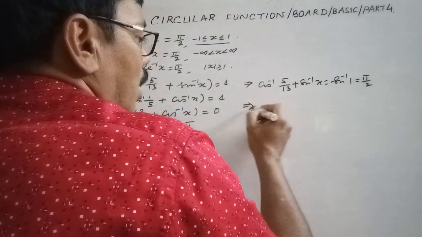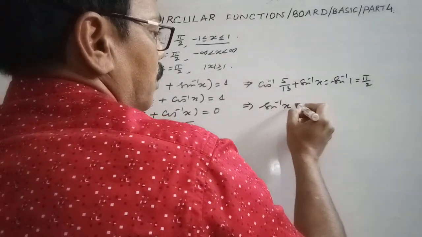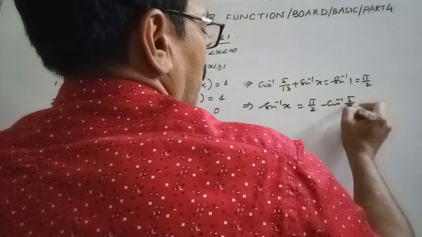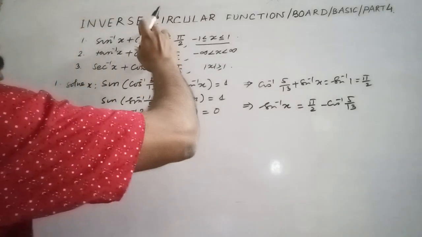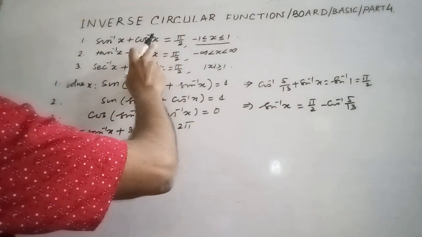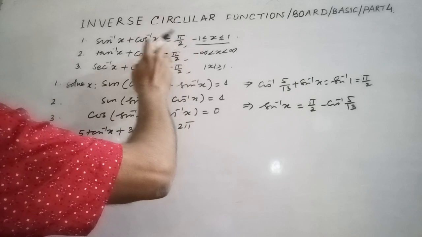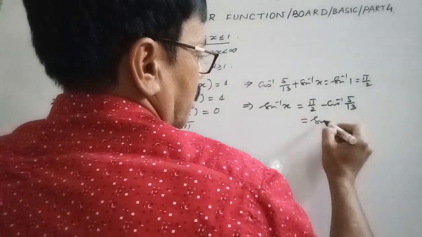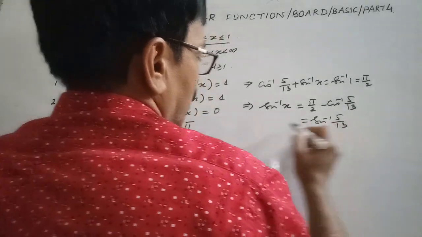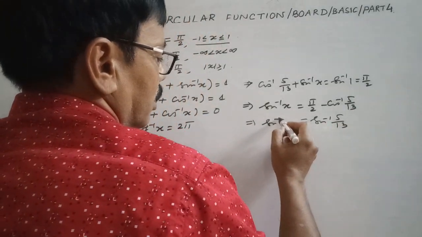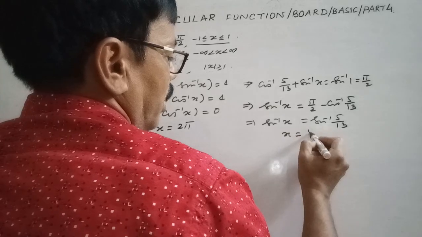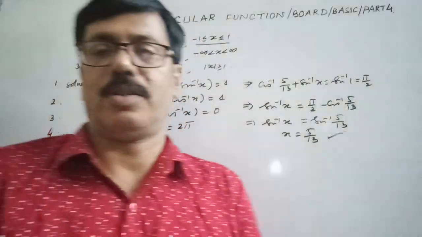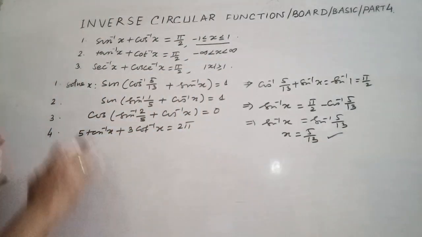Now our unknown variable is x, so sin inverse x equals pi by 2 minus cos inverse 5 by 13. From the theory, pi by 2 minus cos inverse x is sin inverse x. So x equals 5 by 13. Only a 1 mark problem.